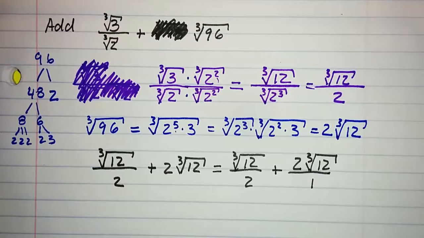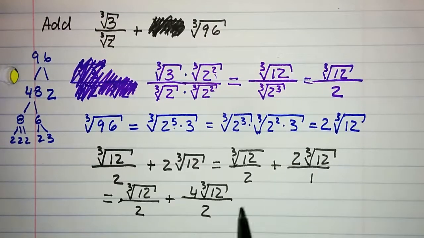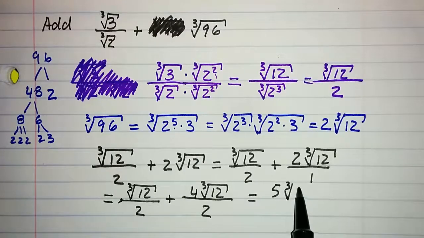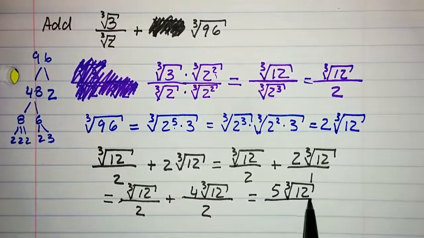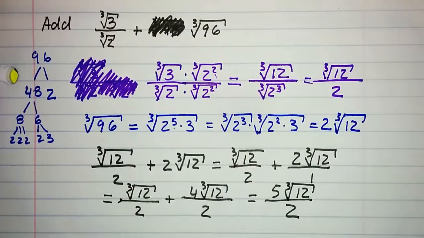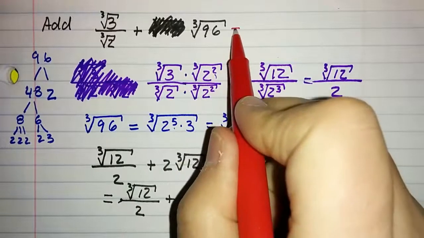Let's get a common denominator. Multiply the numerator and denominator both by 2. And this will give me 5 cube root 12 over 2. So very startlingly, these turn out to be like radicals after we simplify and rationalize the denominators.